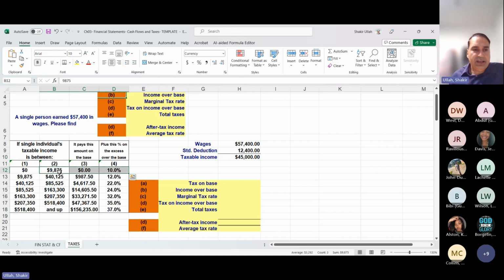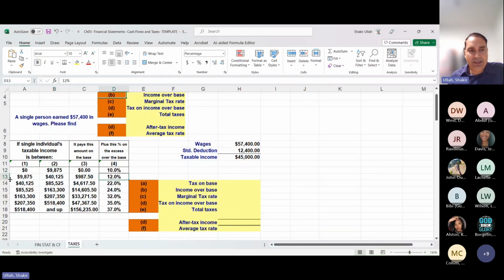However, if your income is over $9,875, then you pay 10% on this amount, on the base amount. That becomes the base amount. On anything over 9,875, you pay 12% on the remaining balance.